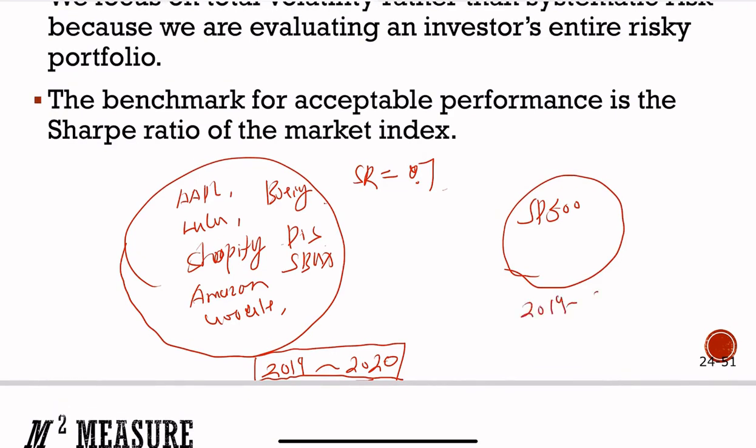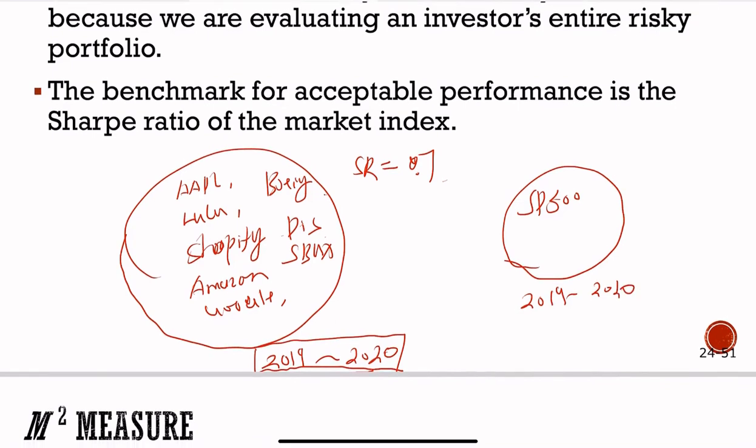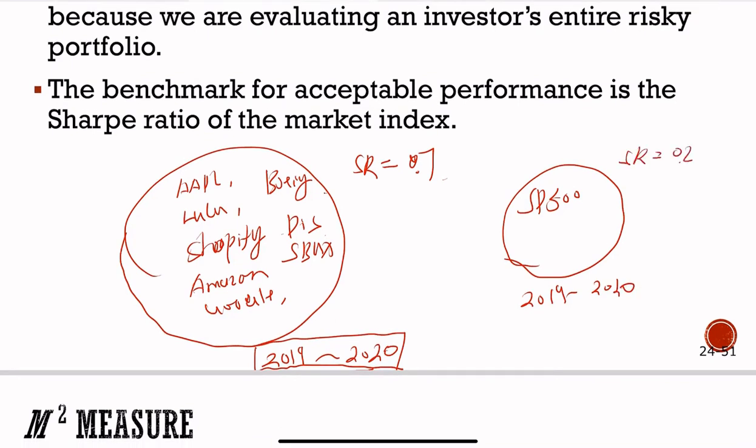Again, the same year, you find out its Sharpe ratio is 0.43. Now you can say, okay, my portfolio outperformed S&P 500 by, I guess, about 50% using Sharpe ratio.